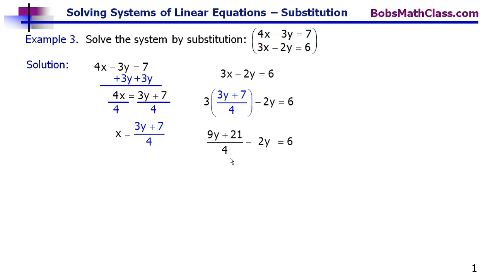So we have an equation that has fractions. We want to get rid of this 4. So we could do that by multiplying each term, or each fraction, by the LCD, which is 4. So multiply this one by 4, this 2y by 4, and the 6 by 4.